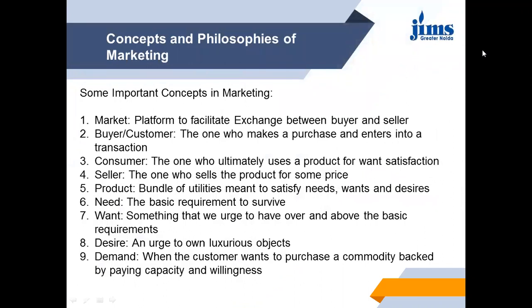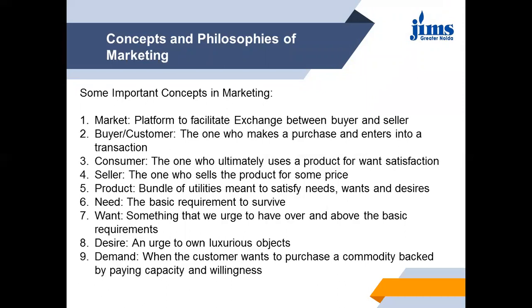Some very important basic terms that every marketing student should know are mentioned in the slide shared on the screen. The very first concept is market. Usually, students and learners get confused by defining market as a geographical region or a physical market area. But I should tell you, a market can be any platform, whether real or virtual, that facilitates exchange between buyers and sellers.